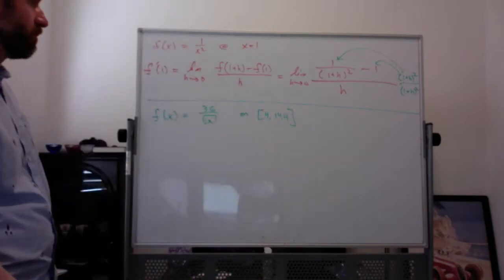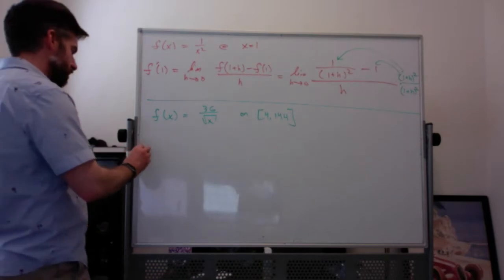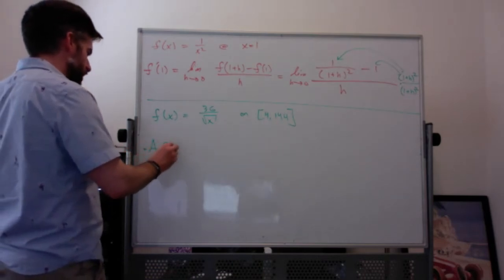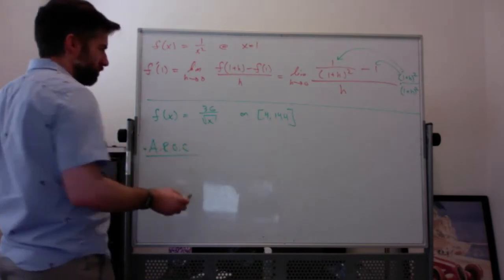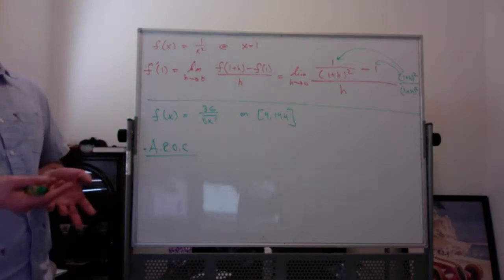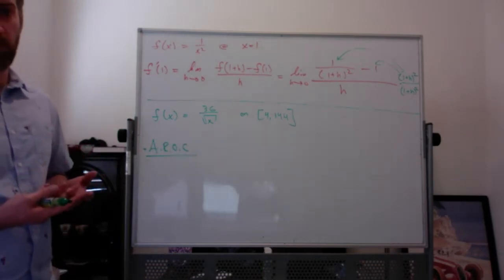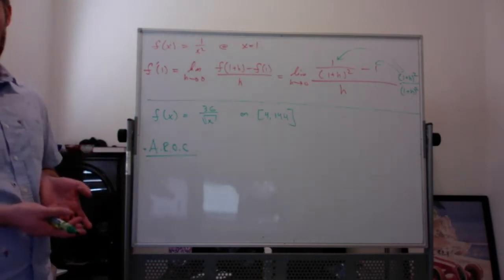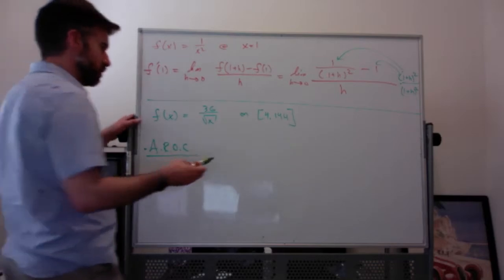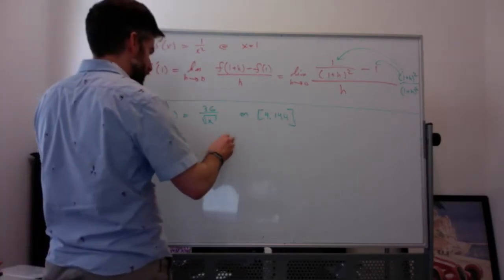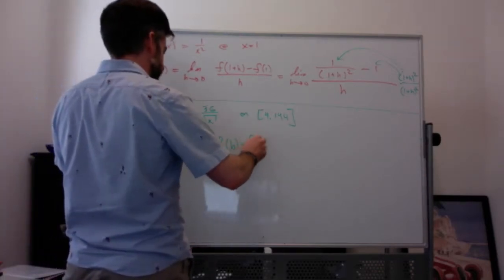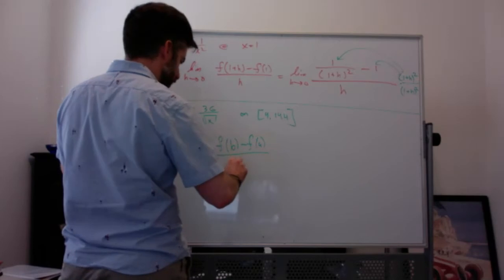We want to find first the average rate of change. The average rate of change is just another name for the slope of the line connecting the 2 points. So when you're finding the average rate of change, you can say it's f of b minus f of a all over b minus a.